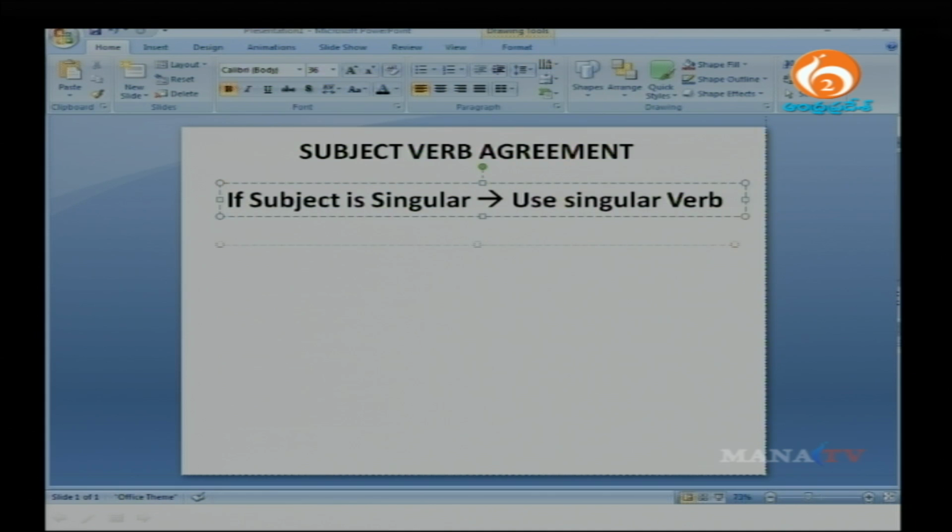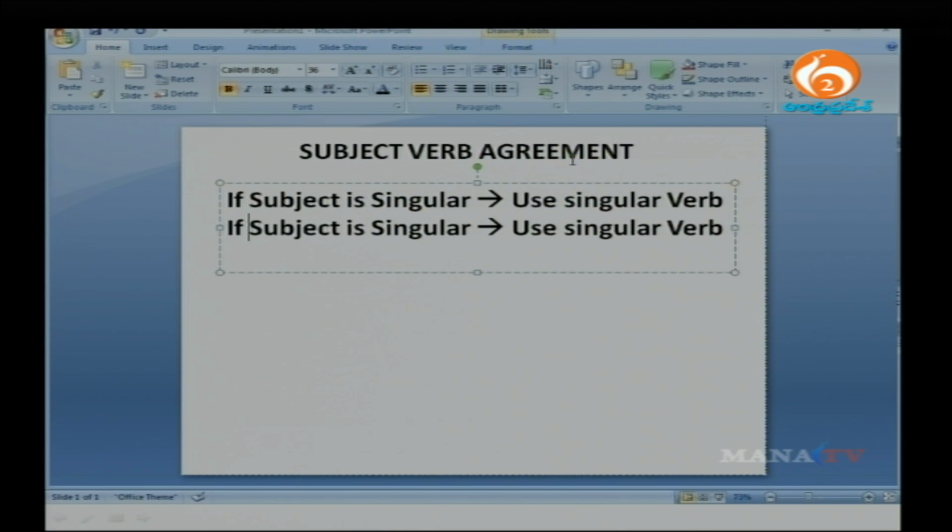If the subject is plural, use plural verb. This is the rule. So, what do I mean by this? What is the simplest way of understanding how you use the right kind of verb in terms of subject verb agreement? Okay.